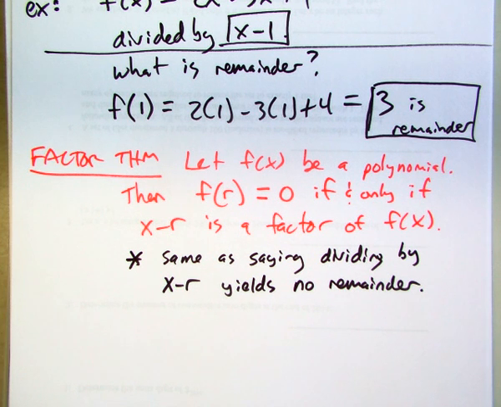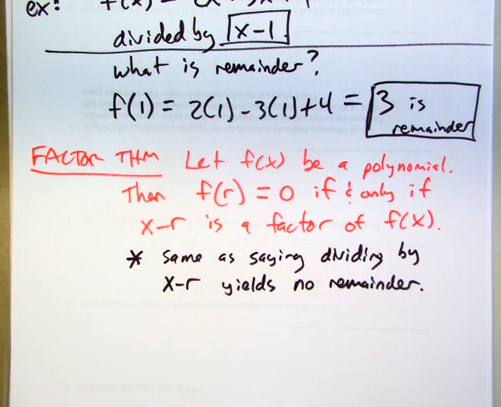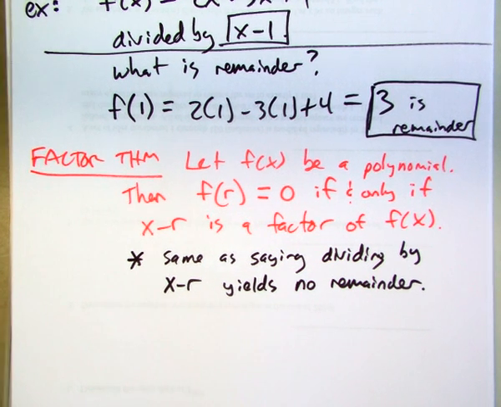No remainder when you divide by x minus 10, which also means that x minus 10 is a factor of that equation. Does that make sense? So let's skip all the middle work. If 3 is a root, that means x minus 3 has to be a factor. Do you guys understand?